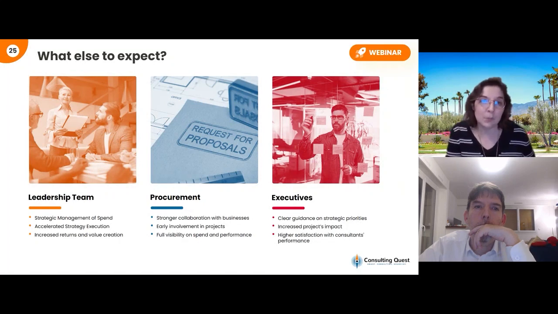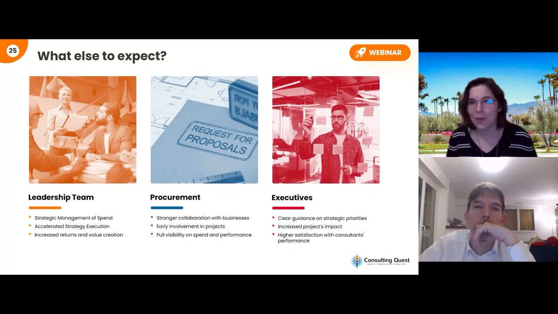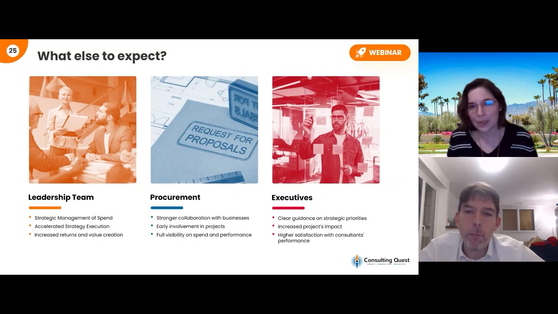And then you have a leadership team that can see strategy being accelerated and returns and value creation that is increased. So all in all, it's not only about ROI, it's also about getting better results, better value, better relationships. So that was what to expect from implementing those levers.